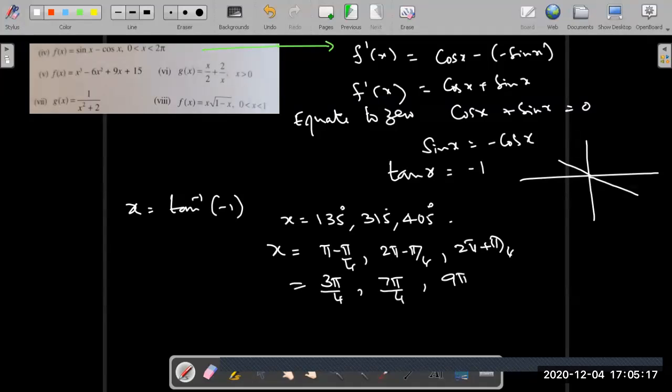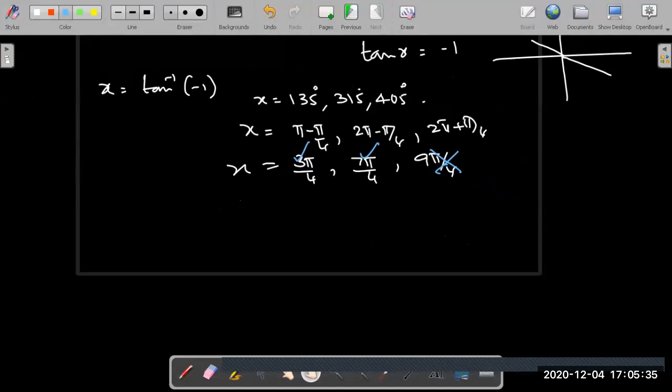This is 9 pi by 4. So the two values that can help are this one and this one. This is beyond 2 pi, so this is invalid.